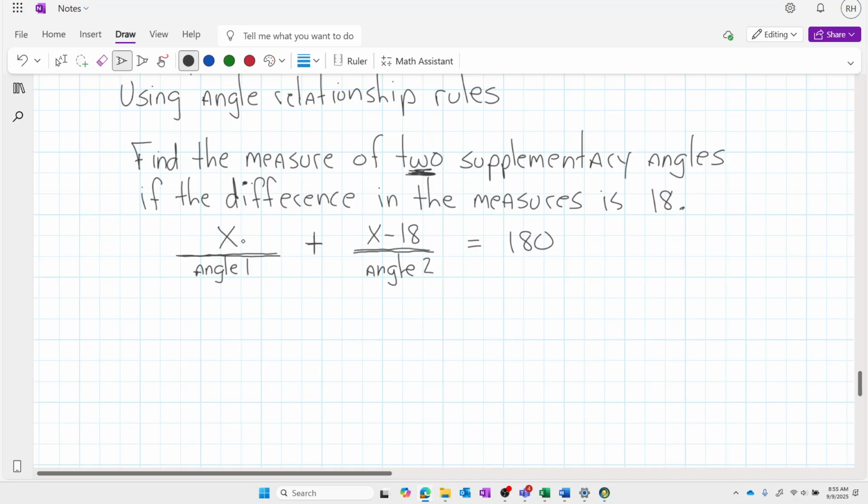So we're going to combine like terms. X plus x is 2x minus 18. That's equal to 180. And then add 18 to each side. So 2x equals 198.